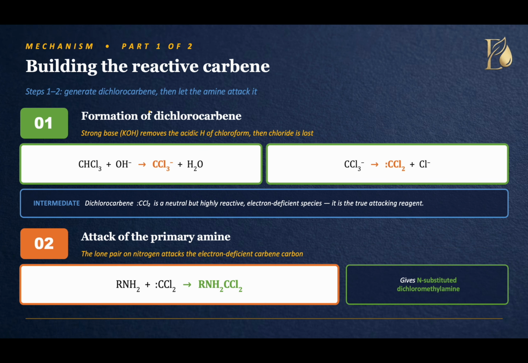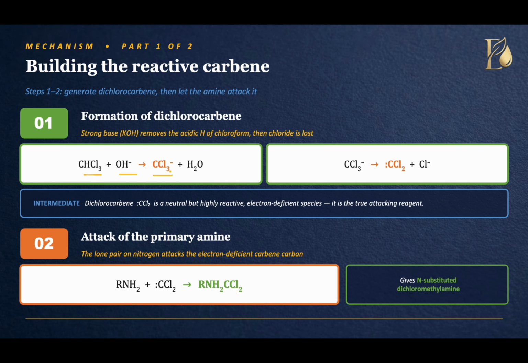So we can look at the formation of dichlorocarbene. A strong base such as potassium hydroxide removes the acidic hydrogen of chloroform. Then chloride is lost. So what is happening in the chloroform? It is reacting with hydroxide ion, releasing a water molecule and CCl3 minus.